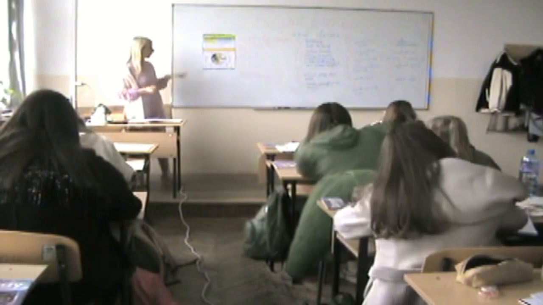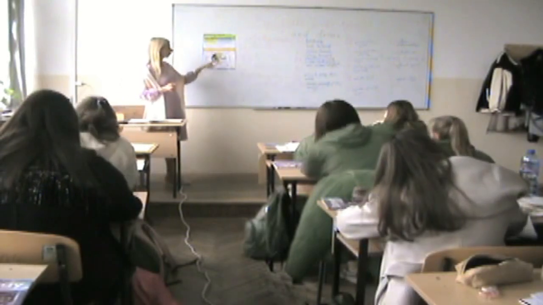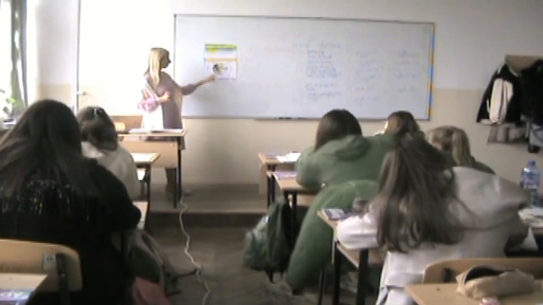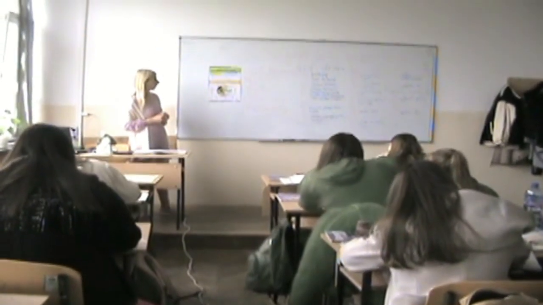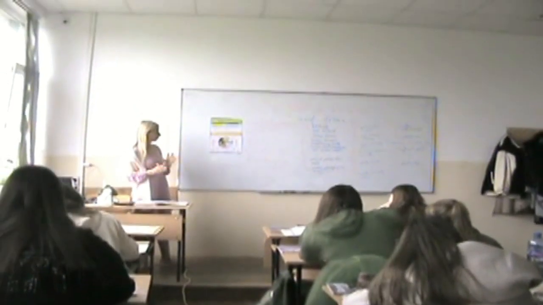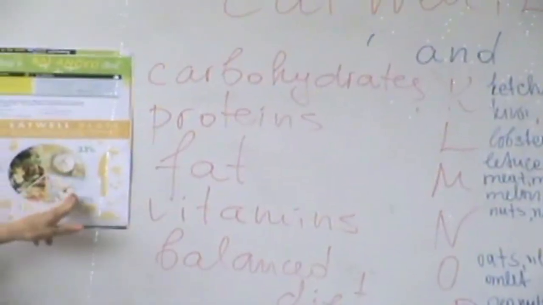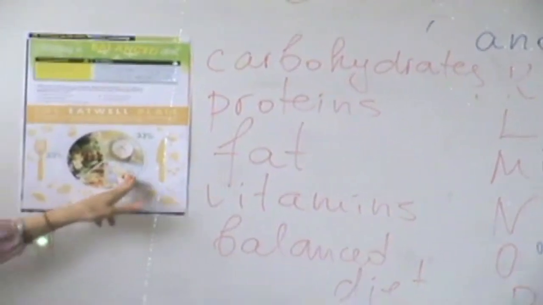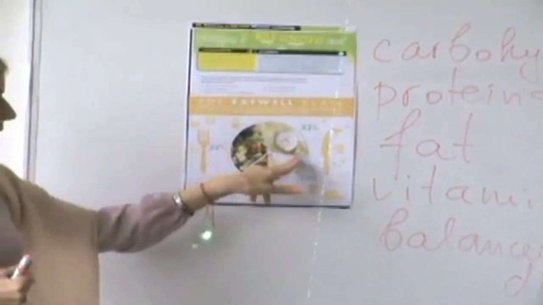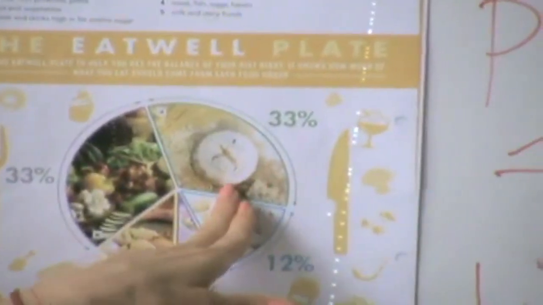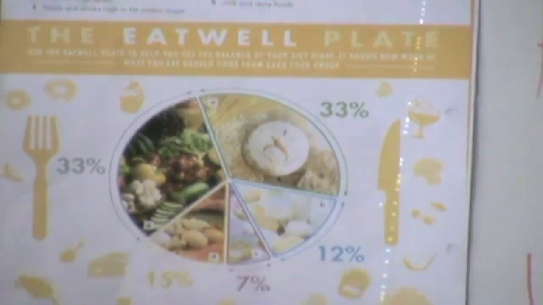Well, so we discussed carbohydrates, proteins, fat, food containing fat, vitamins, fruit and vegetables. There is a group, well, here, you can look in your students' book. This group, what kind of food is in this group?